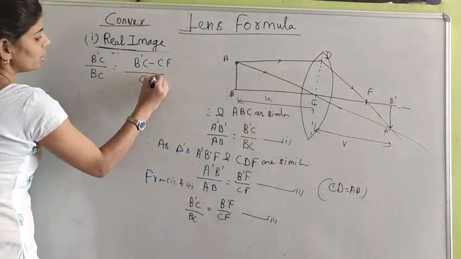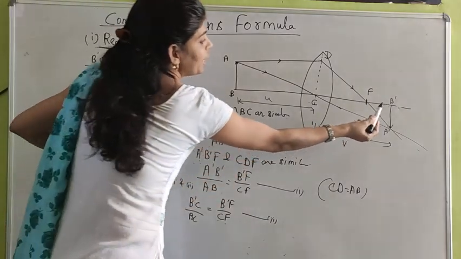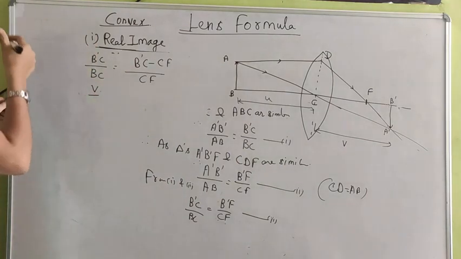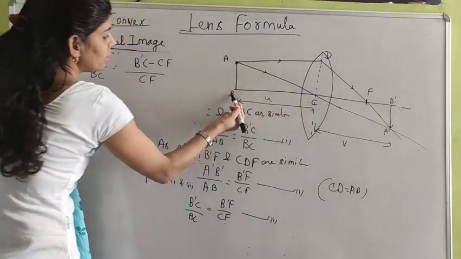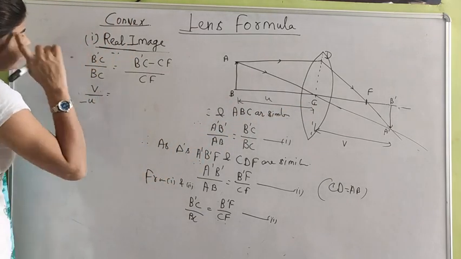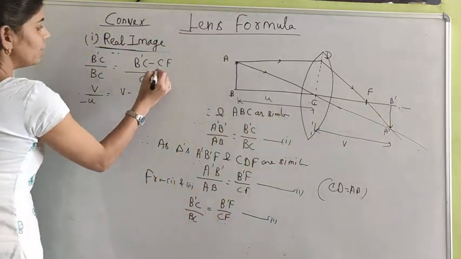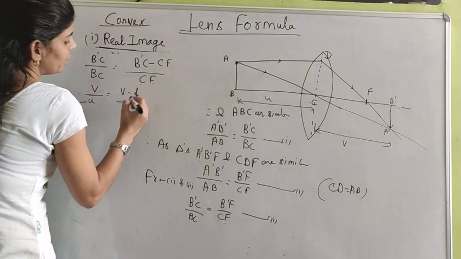So B dash C can be replaced by V, and according to sign conventions it would be plus V. BC is minus U, and in the same way B dash C is V, and CF is the focal length, that means F.